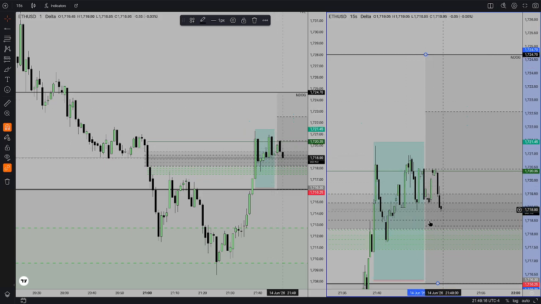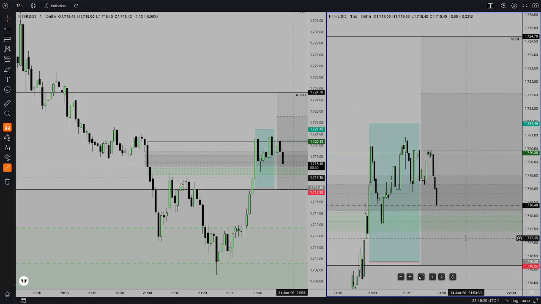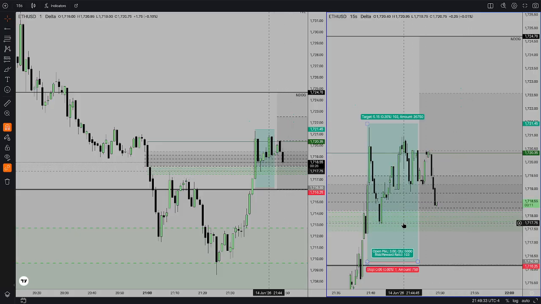It has taken down this particular liquidity. The macro is about to start in 30 seconds. So I guess they're probably going to dive towards this area or not. They have taken these two liquidity areas.